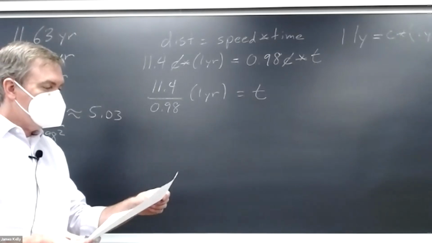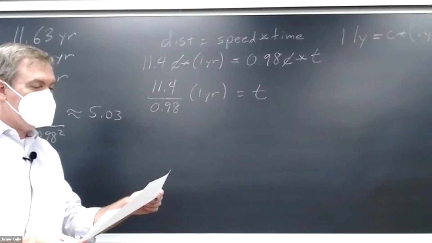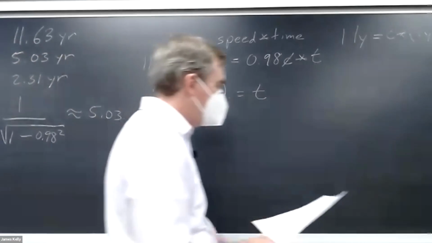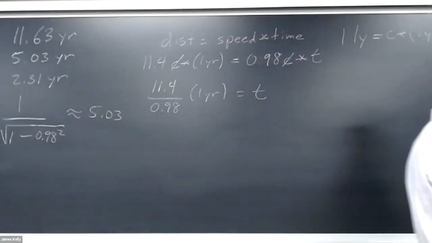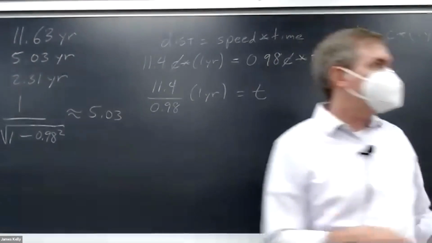Okay, B: as measured by the observers in Earth's IRF, how long does it take for the clocks on the spaceship to elapse by 1 year? This is a direct question related to the time dilation formula.